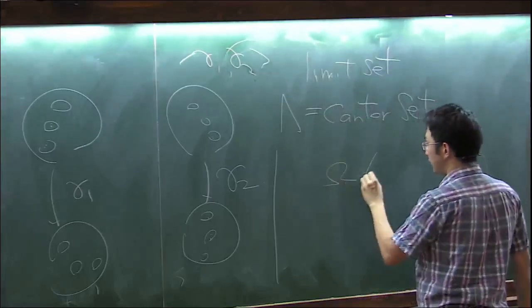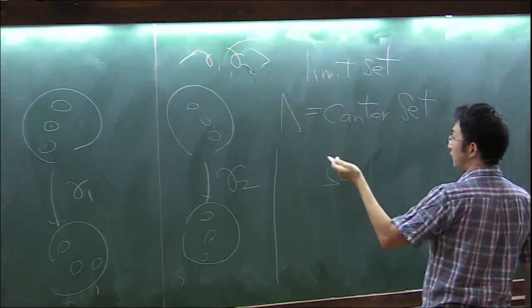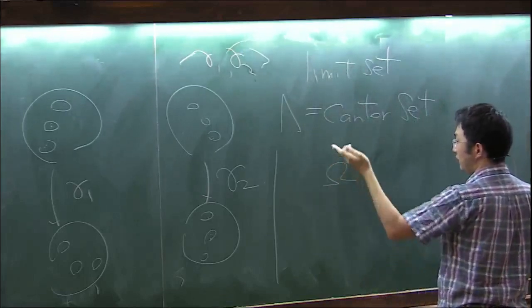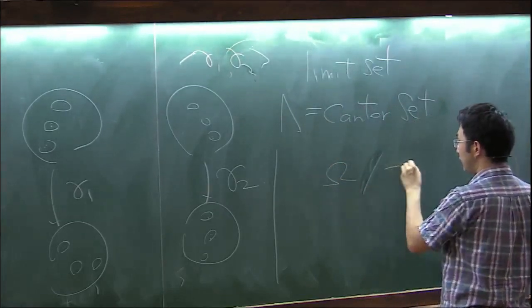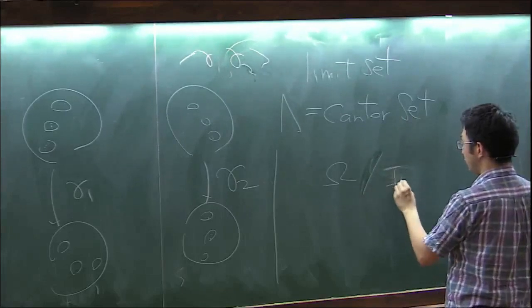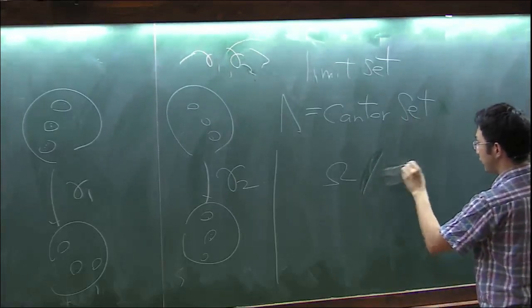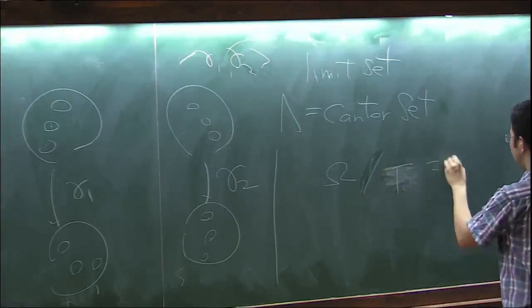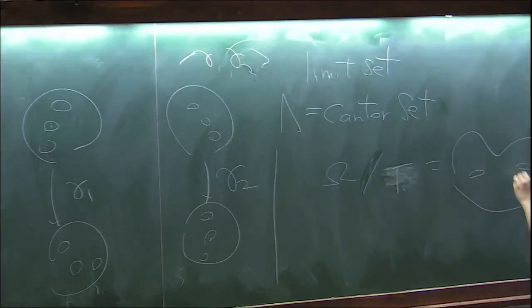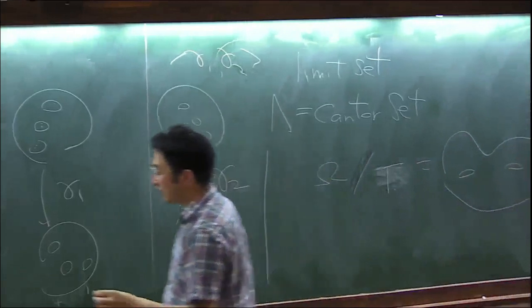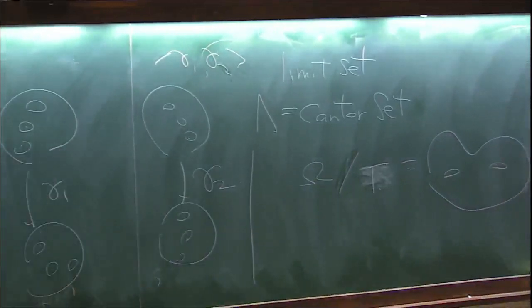By quotienting the domain of discontinuity, which is the complement of the Cantor set, by the Schottky group, we get the genus 2 surface, whose fundamental domain is here, the complement of those 4 disks.